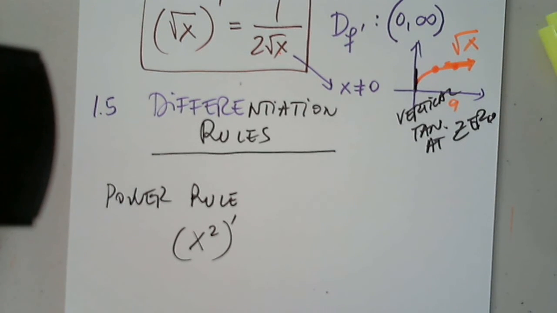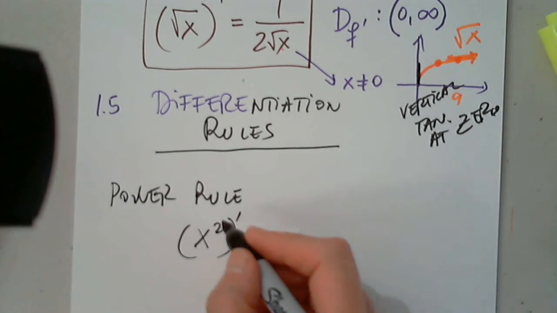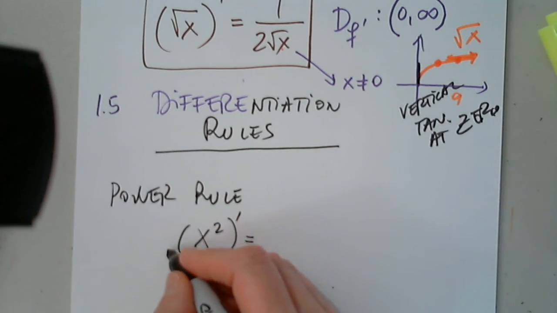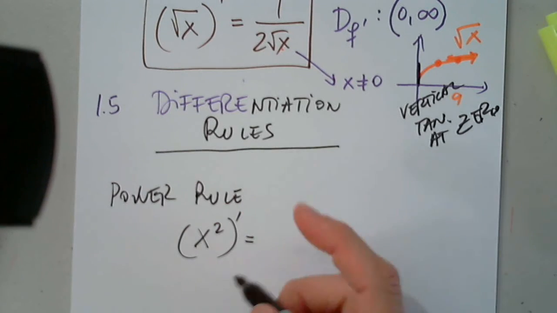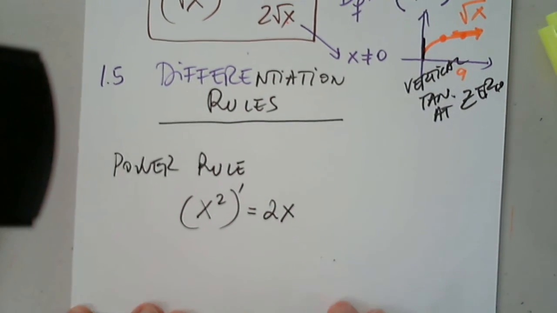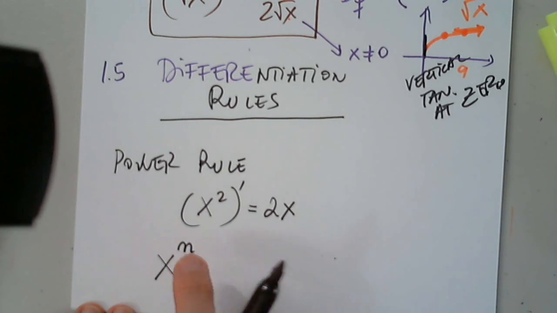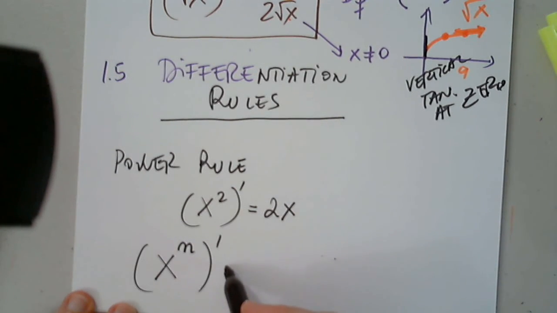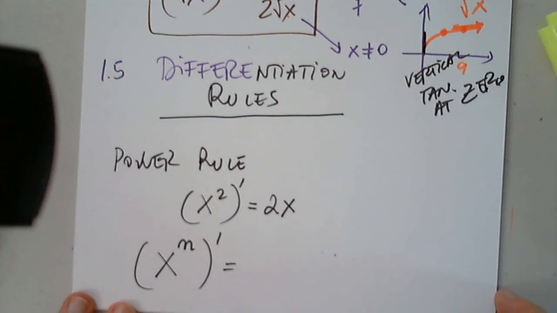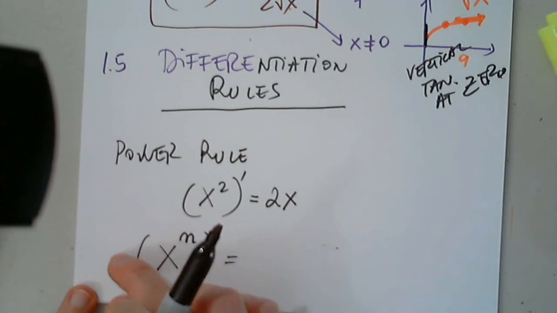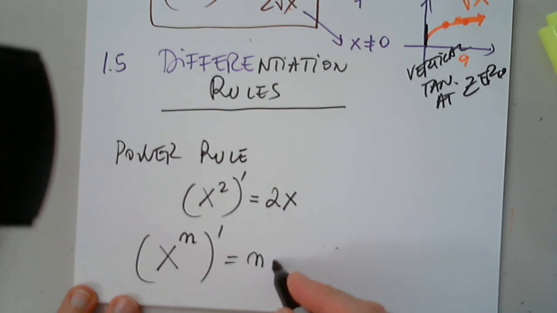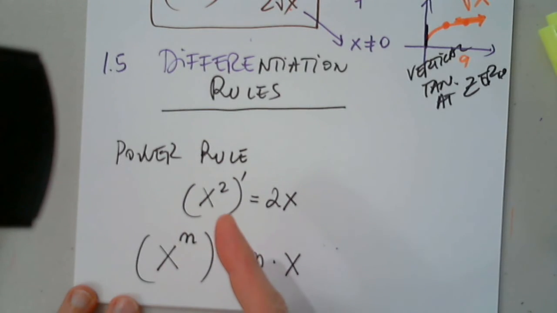What did we get? 2x. Exactly. Bring down 2, subtract 1 from the power. So then the general rule, x to any power n prime, what do you think? N goes in front, and we subtract 1 from the power.